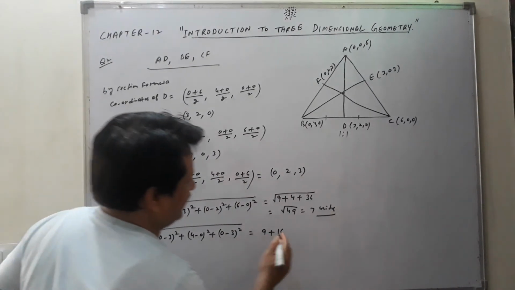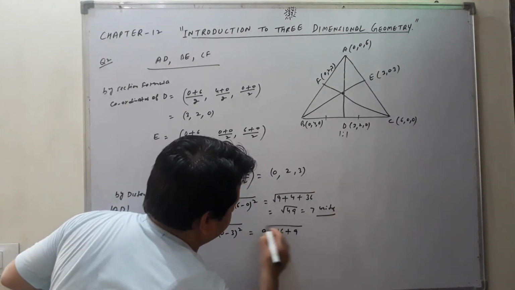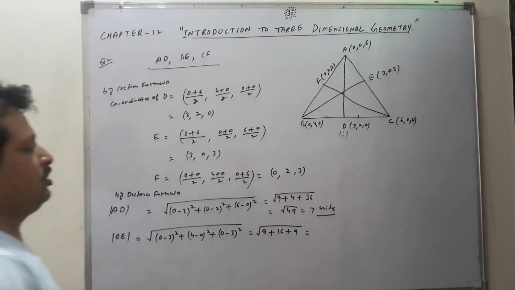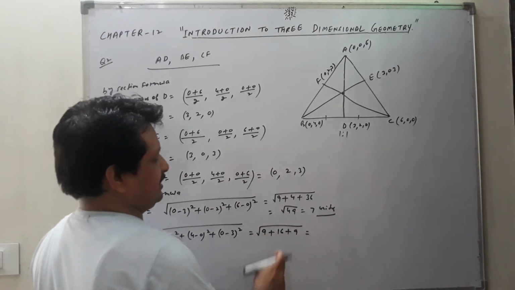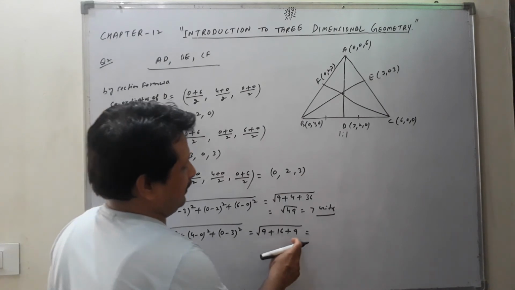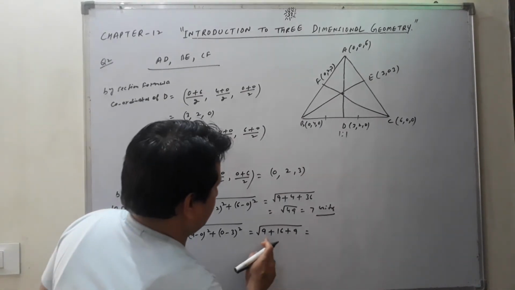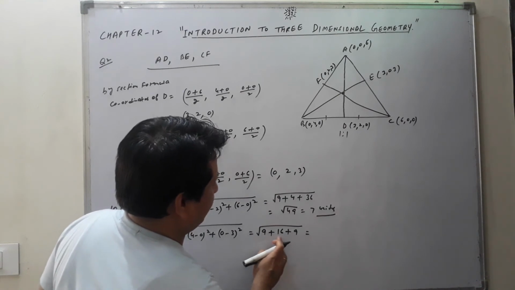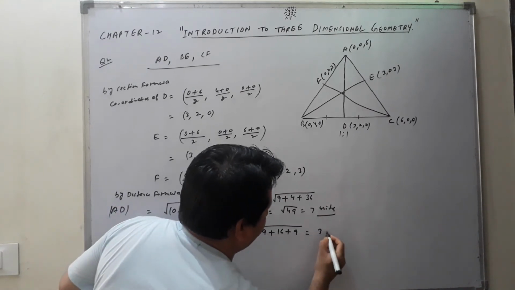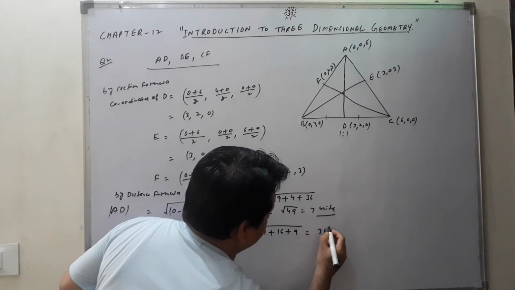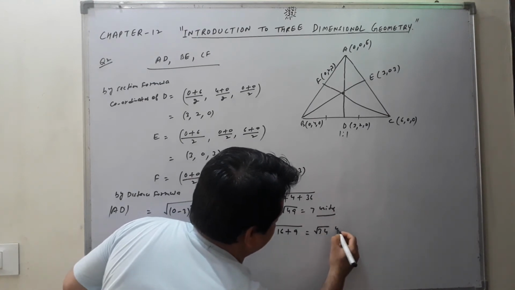So 9 plus 16 is 25, 25 plus 9 is 34. Its root is there.